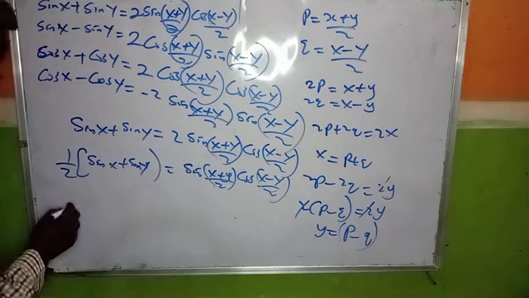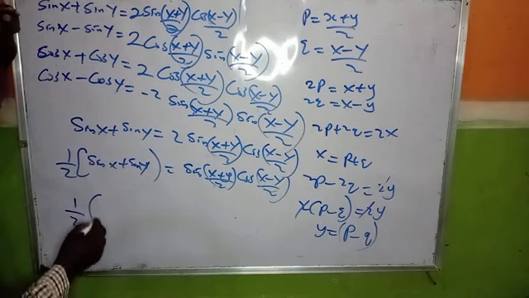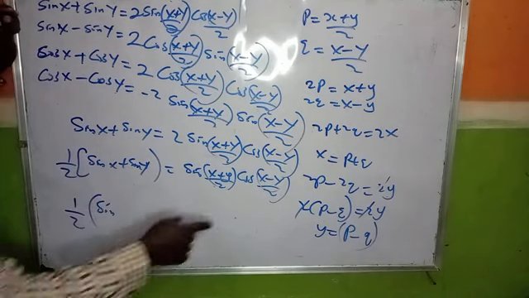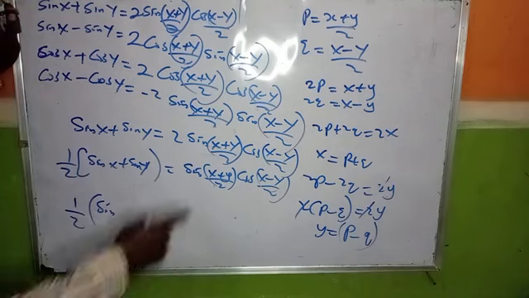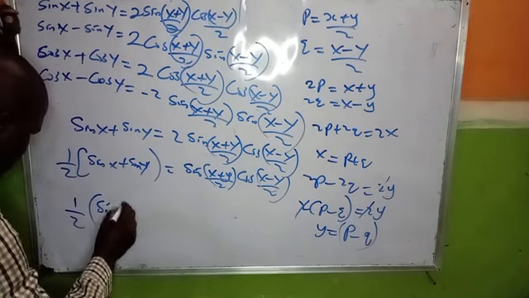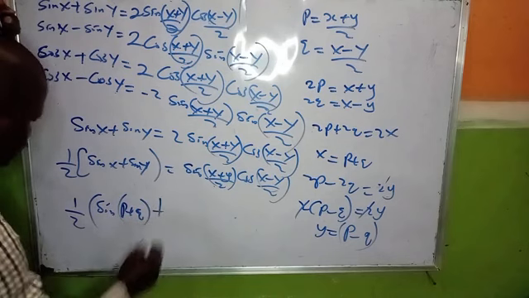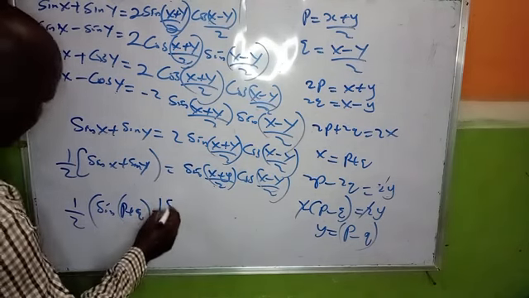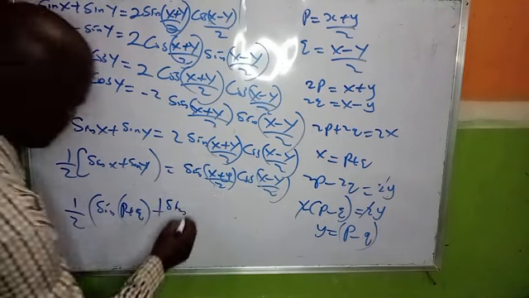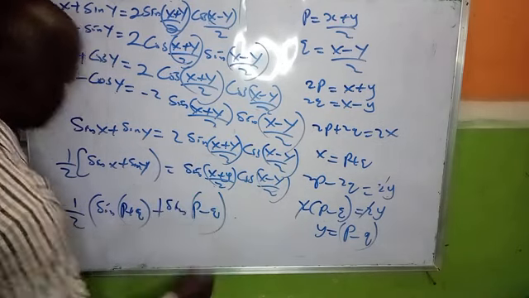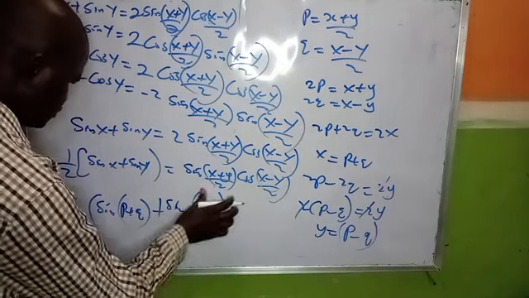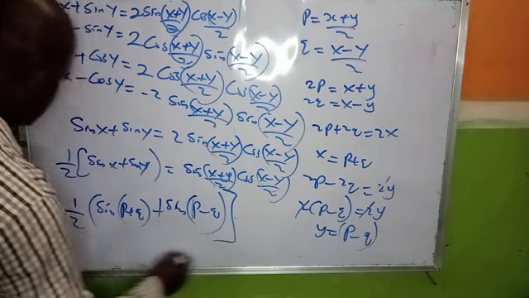So what you have here is 1 over 2 into bracket sine. So what is x? x will be p plus q, plus sine. y will be p minus q. So all in brackets.